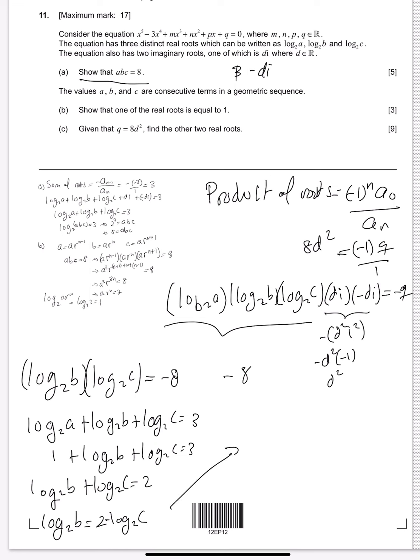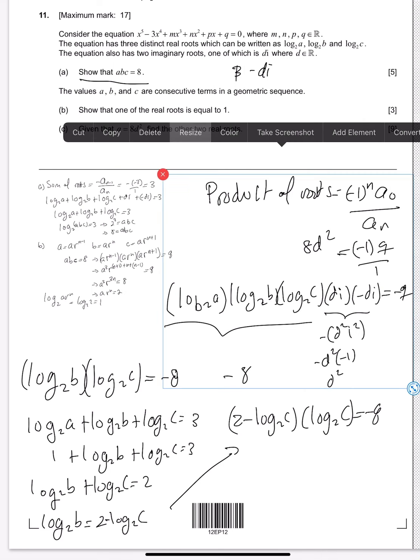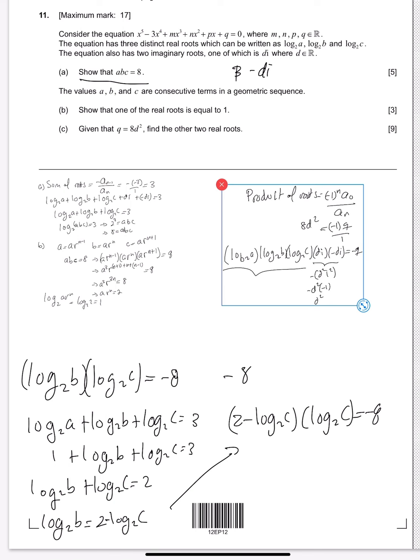So now I can write 2 minus log base 2 of c, times log base 2 of c, and that's equal to minus 8. I'm going to minimize this so that we can work it out and give us a little more space.